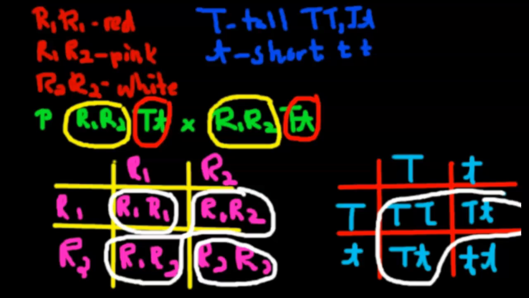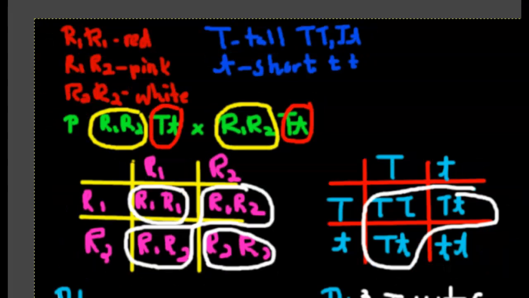Now what I did, using the tree method, make this a little bit smaller for you. I did 2 monohybrid crosses. One with the R's, first trait, one with the second trait.